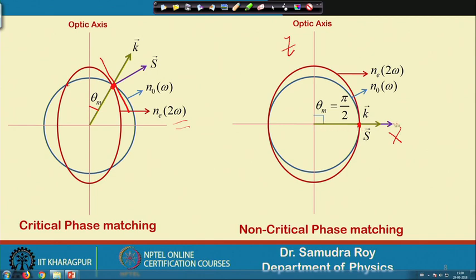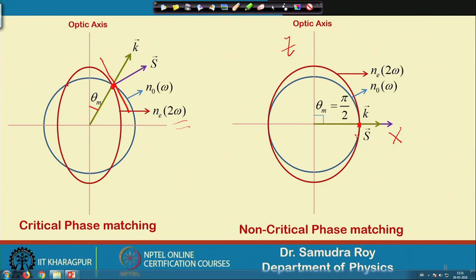Along this direction, k and s will be parallel to each other. Non-critical phase matching is a very important thing, where we have the additional property that k and s are parallel, and if I deviate slightly, there is no problem. That is why it is called non-critical phase matching.